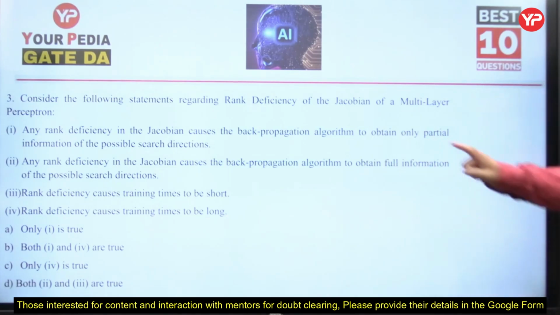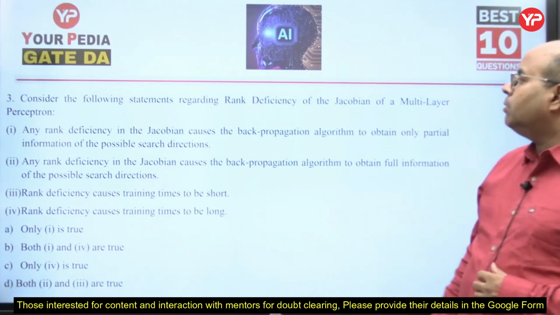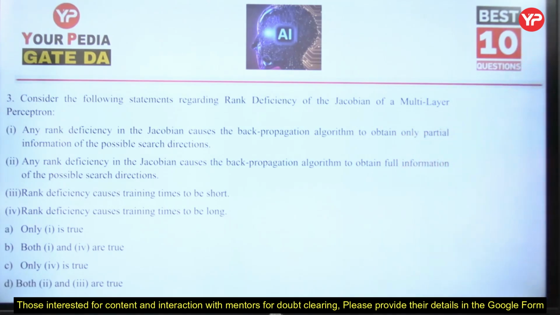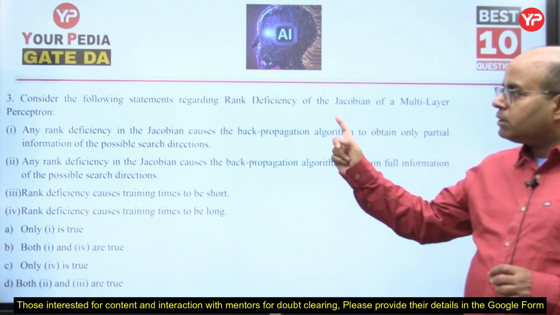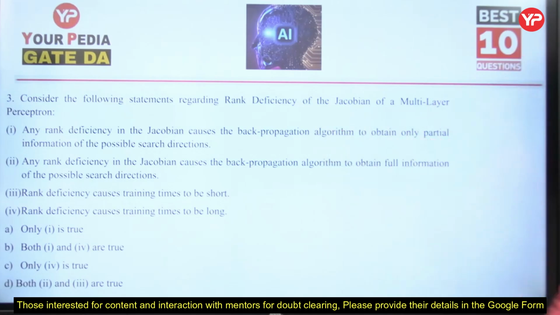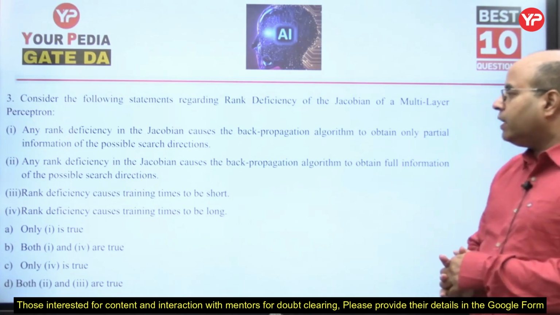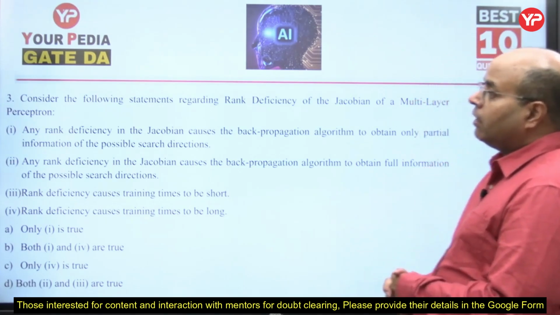Any rank deficiency in the Jacobian causes the back propagation algorithm to obtain only partial information. Yes, it will block the information flow, thus you will get only partial information. Yes, first is correct. Causes the algorithm to obtain full information? No, full information you won't get when rank deficiency is there.